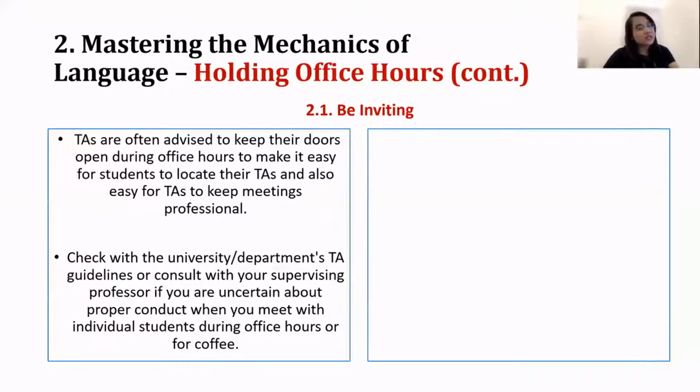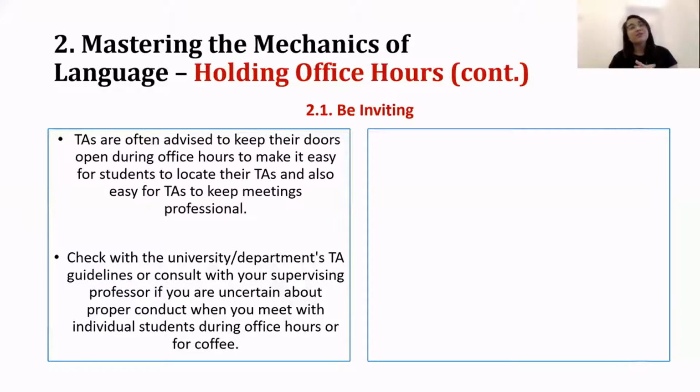So different institutions, different universities may have different rules. For example, some universities may not allow you as a TA to have a one-on-one consultation with your student over a coffee. For example, your student asks you for a consultation and invites you for a cup of coffee in a coffee shop nearby.